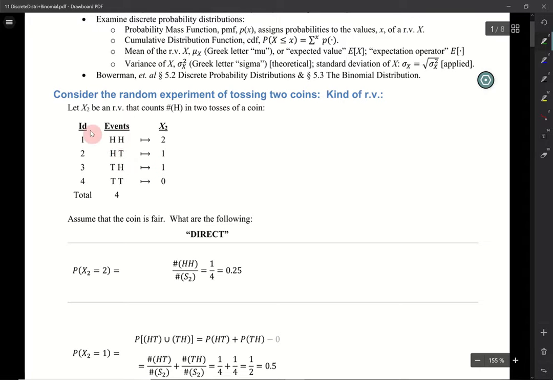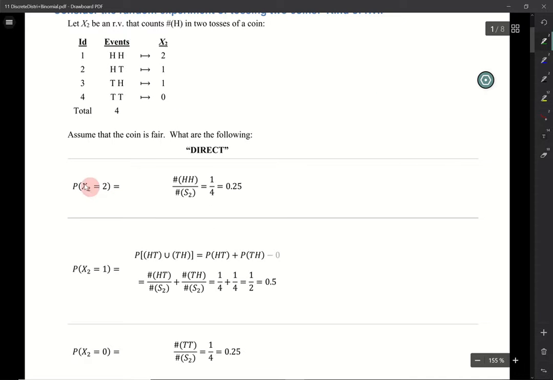So again, let's consider the 2 tosses of a coin, right? And here we see that the probability of heads followed by heads is 1/4, right? And so how do we get that? In this case, we get it from the definition of probability. Here are the events. We can see that there are only 4 possibilities. Our sample space is 4.